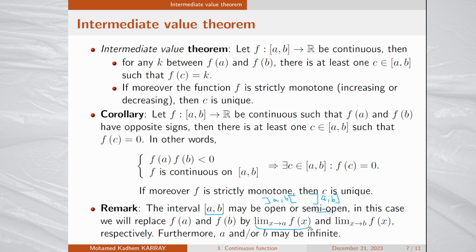For example, the value of f at point a should be replaced by the limit of f when x goes to a, or the limit of f at point b. Moreover, a and b, when the interval is open, may be infinite. And in this case, of course, there is no value of the function at infinity, so we should consider the limits in place of the value of the function at these points.